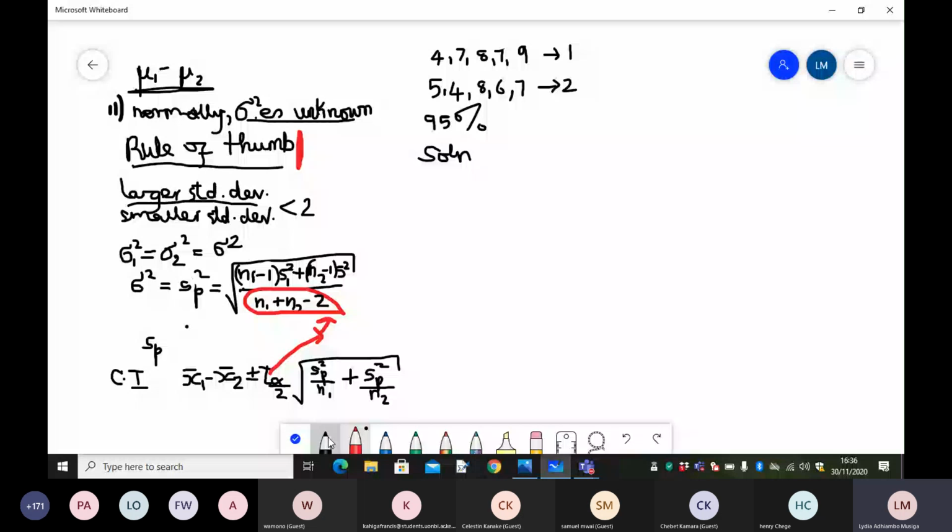So considering sample number 1, first of all, x bar 1 is equal to 7. And you guys should now be professionals at getting sample variances. So considering the first sample, S1 squared will be 3.5.